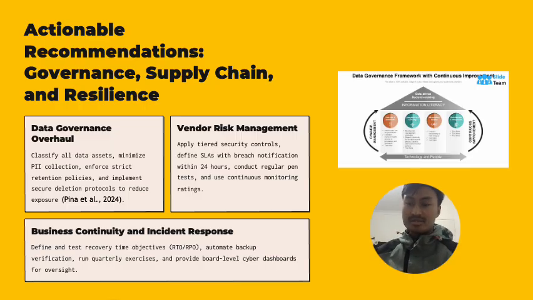Finally, under business continuity and incident response, we need to define clear recovery objectives, automated backups, and run quarterly exercises. Together, these actions build a stronger foundation for security and resilience.